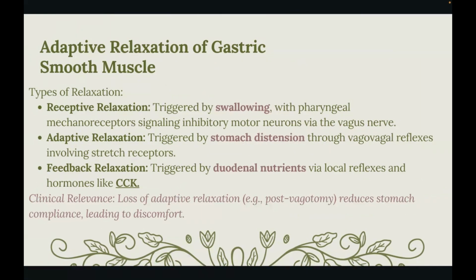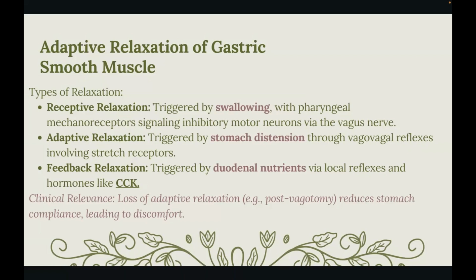in the mouth. Okay, this receptive relaxation happens only whenever there's swallowing. So the upper esophageal sphincter, the one that goes from your pharynx down, will only relax whenever you're swallowing. How does this happen?